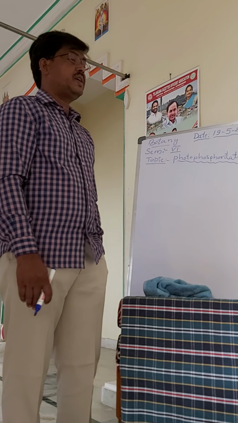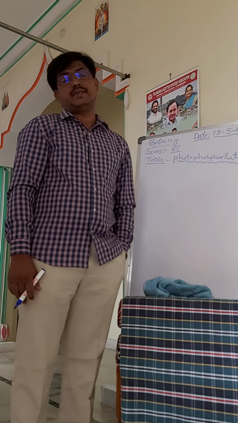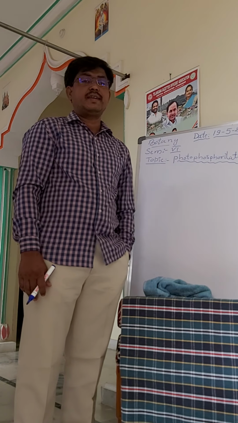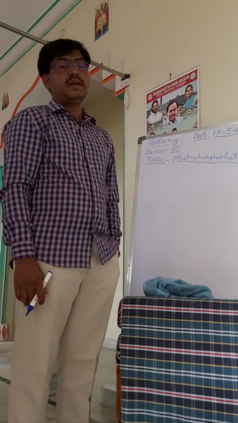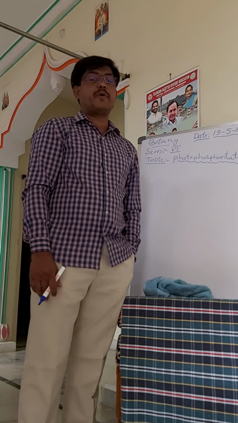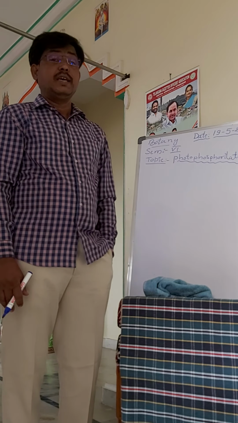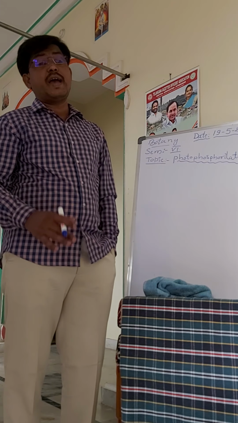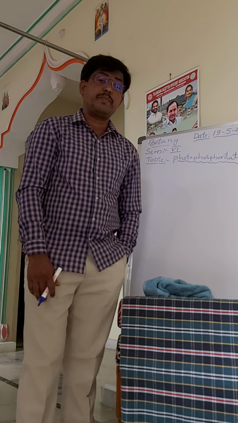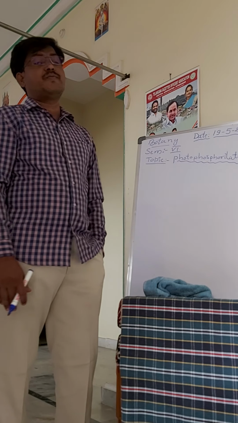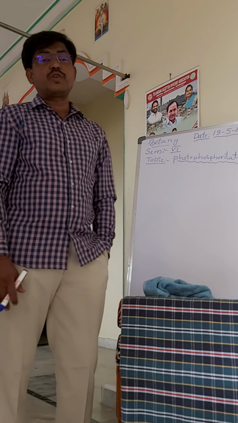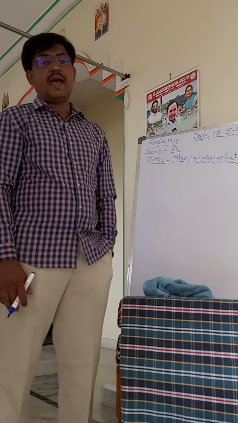Photophosphorylation is the process in which, in the presence of light, in the chloroplast pigment, adenosine diphosphate can absorb one inorganic phosphate and form adenosine triphosphate. So it is called photophosphorylation. Photo means light.